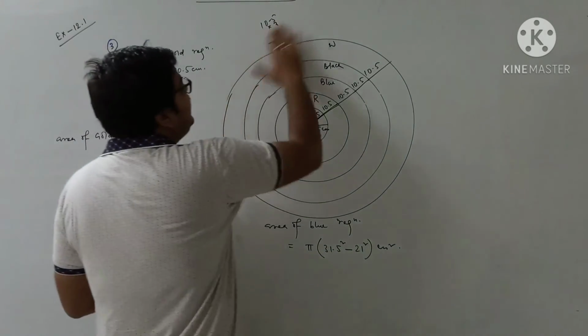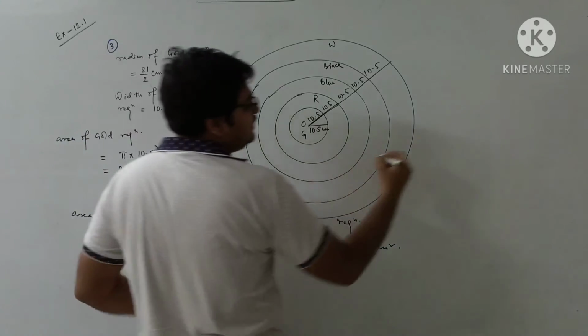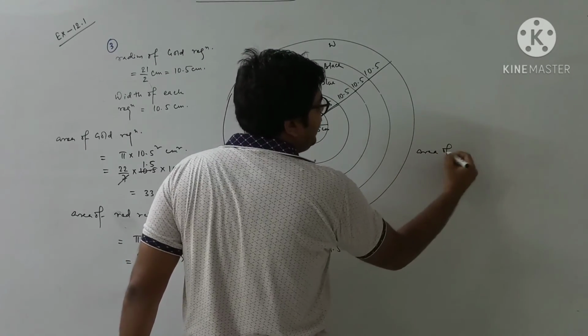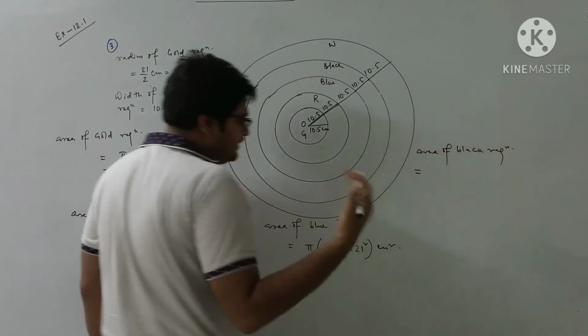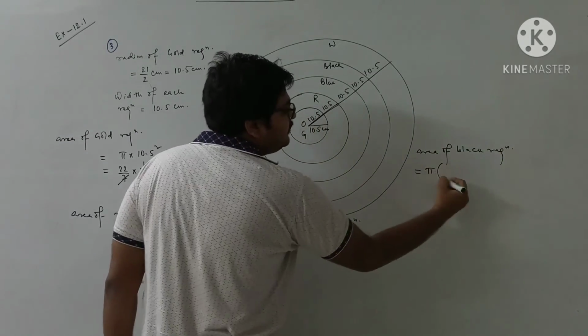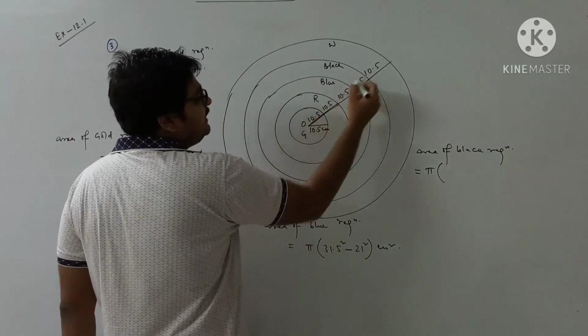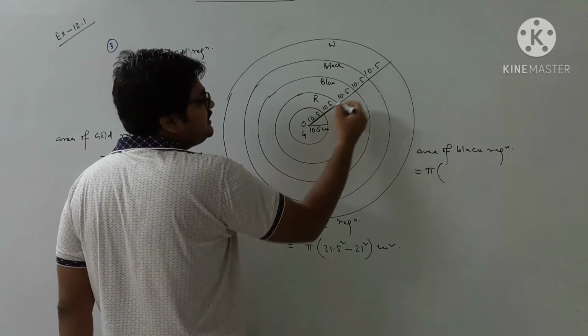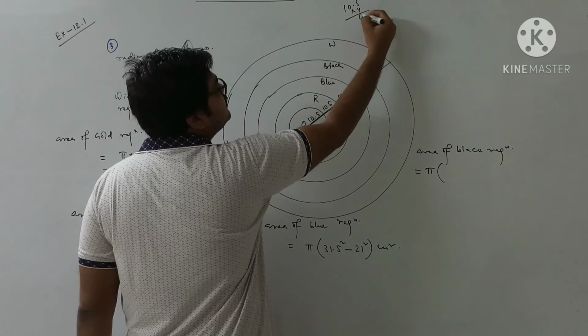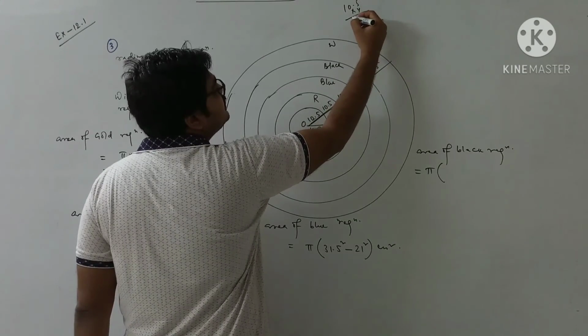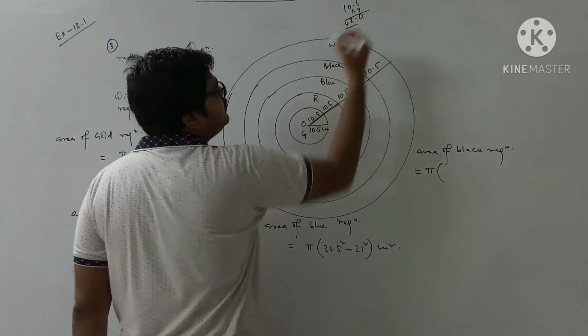Whenever you find the area of the black region, how to find it? You just tell me. Pi into... if I want to go to the black region, from the center to the black region, how much distance? 10.5 into 4, which is 42.